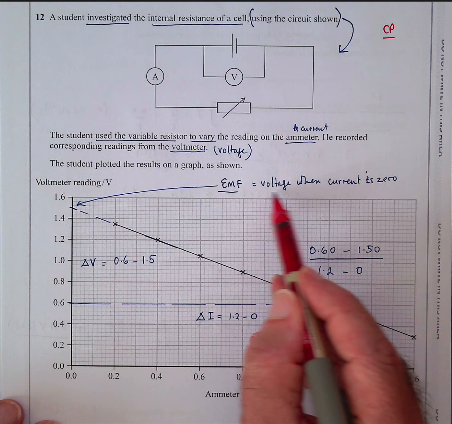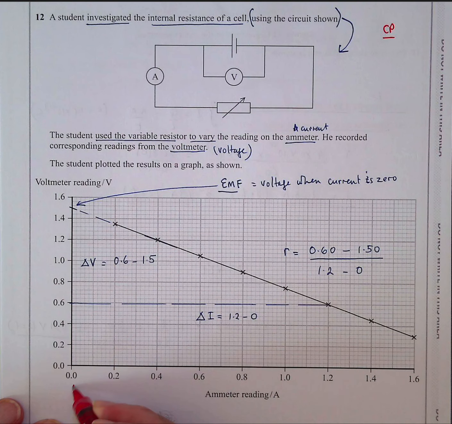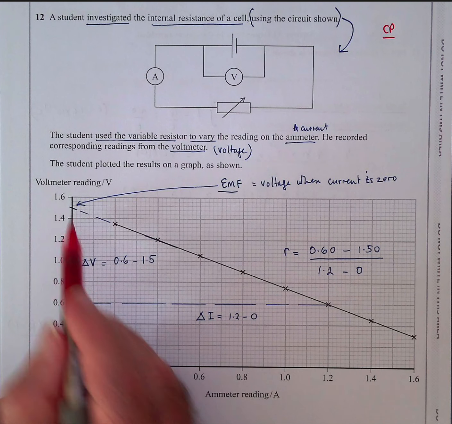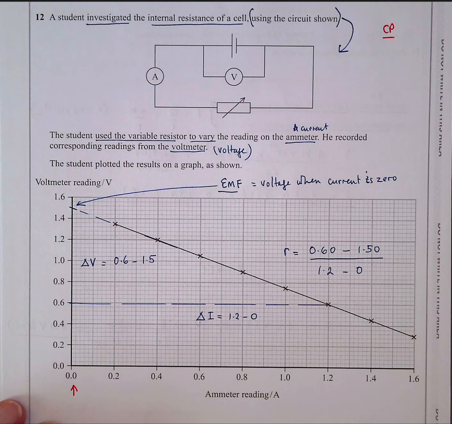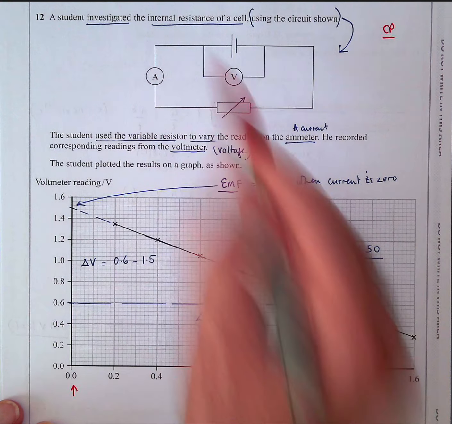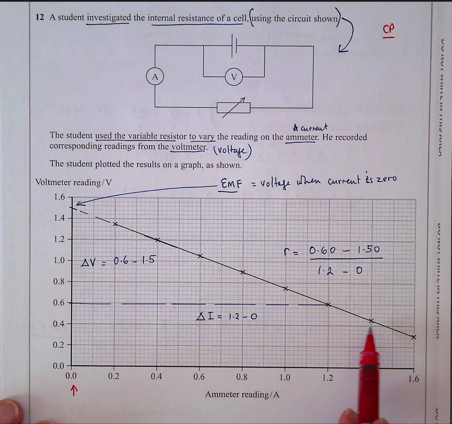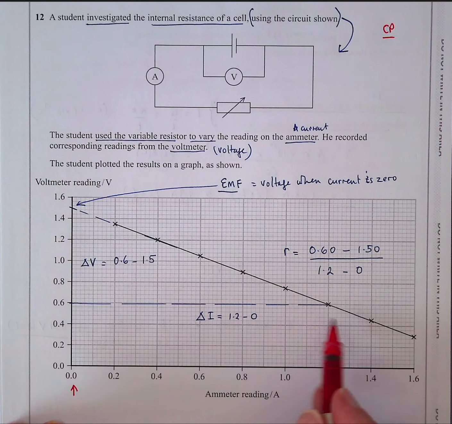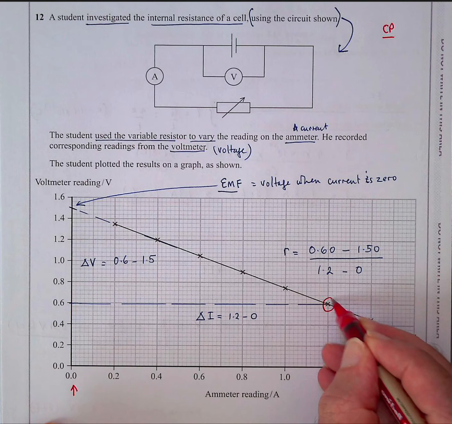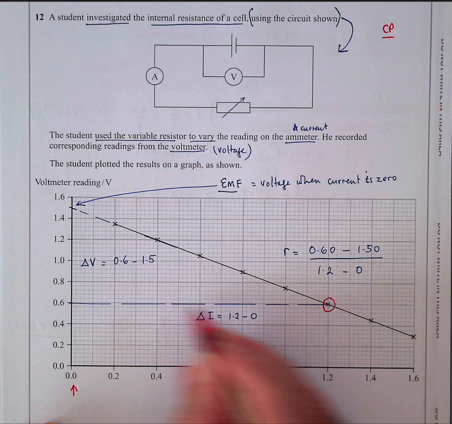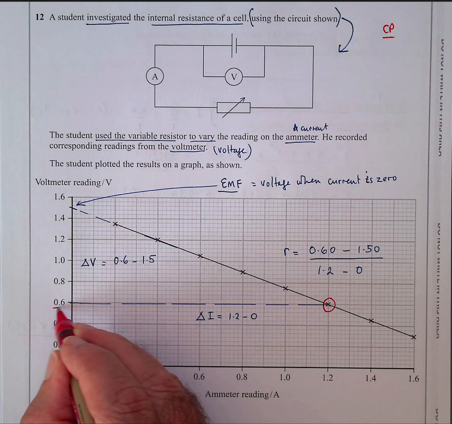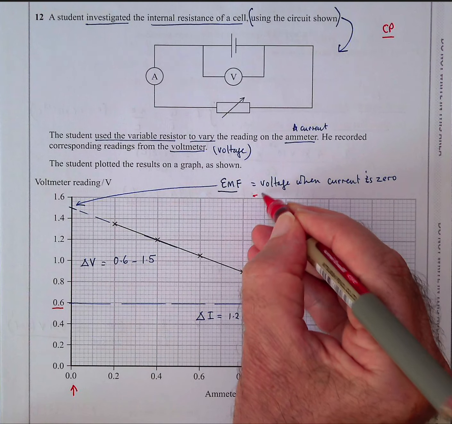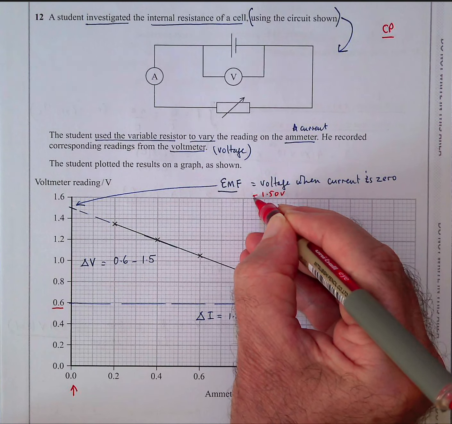So the EMF is the voltage when the current is 0. Well, the current is 0 here, so the EMF is the point, the intercept on the y-axis. Okay, and the internal resistance is the gradient of this graph, which would be negative because it's going downwards, so you can work out the internal resistance. I've used the values at 1.20 because it gives you an easy to read value on the y scale, and this value here is approximately 1.50 volts, as you can see.